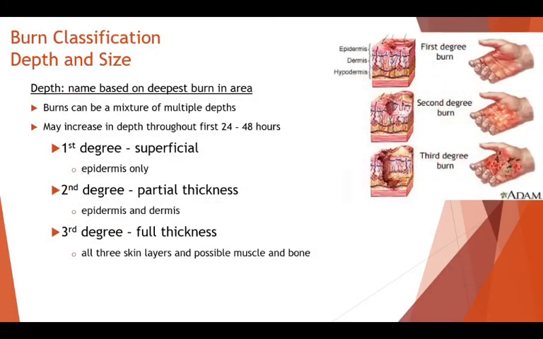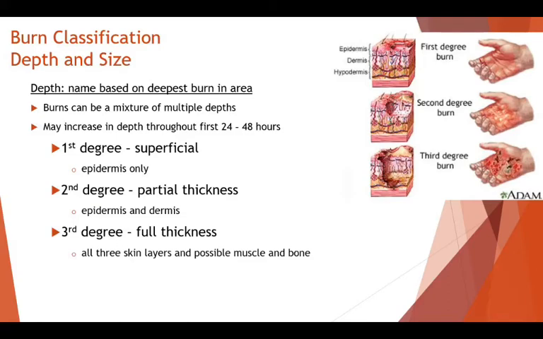So when we are burned, we are looking at basically the depth there. The first degree is superficial, the epidermis only, the very top layers of our skin. Second degree does go down into the dermis, can affect the skin, nerves, cells that are in there.